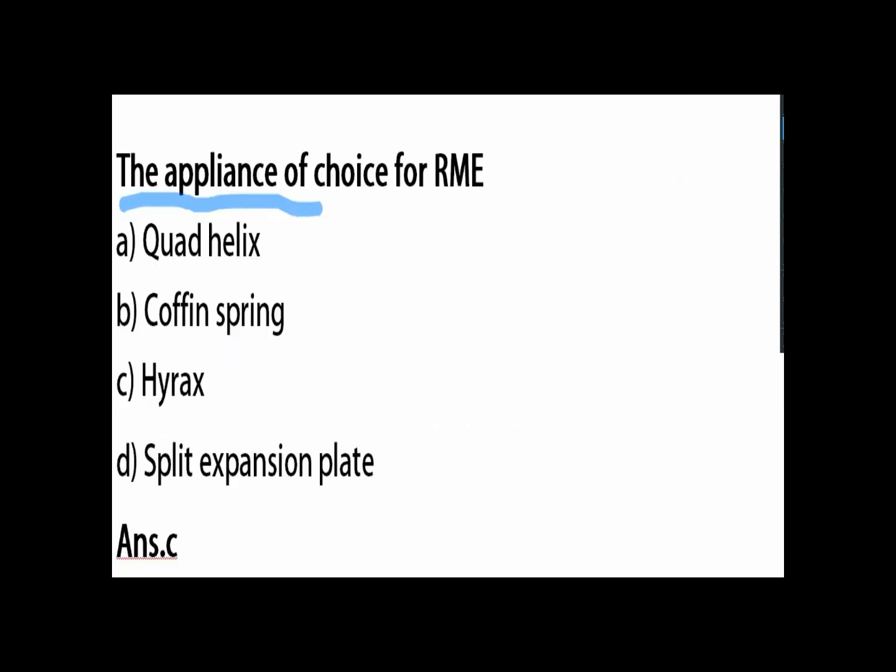Now next question, the appliance of choice for RME is... Remember, quad helix is an example of slow maxillary expansion, Coffin spring is an example of slow maxillary expansion, and option C, Hyrax, is a rapid maxillary expansion.